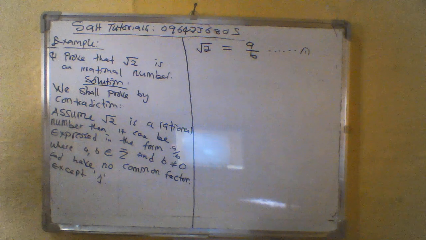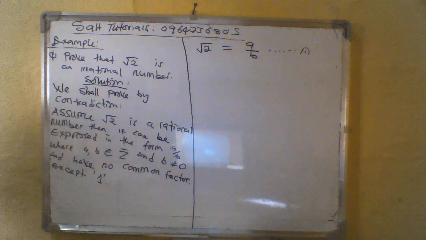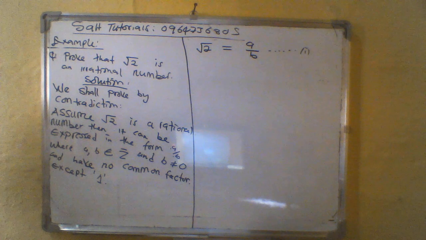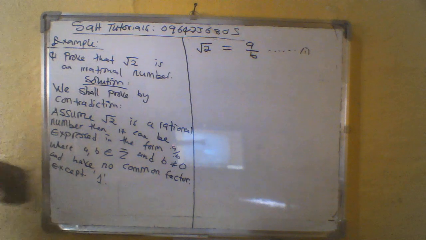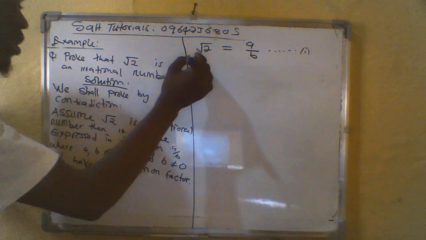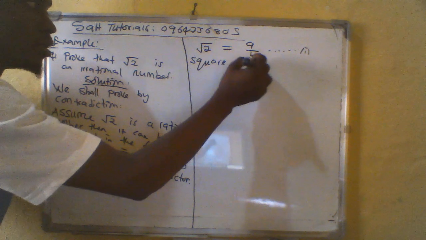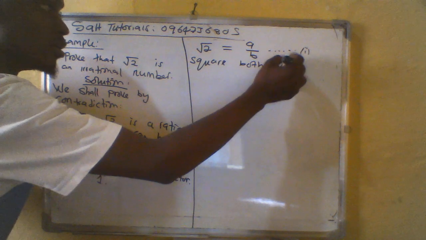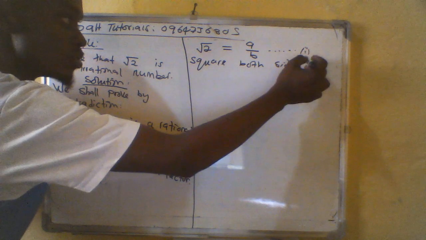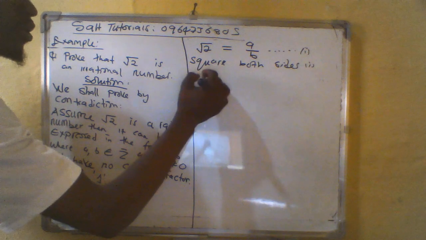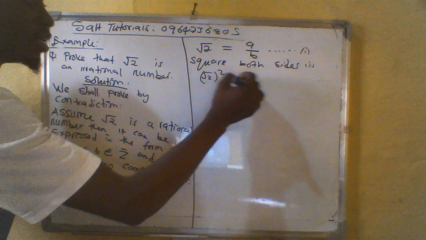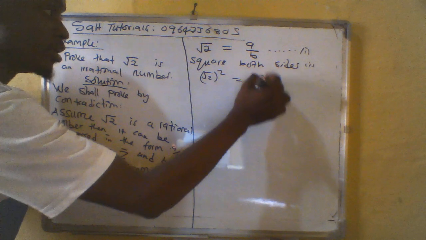According to radical expressions, we can now try to delete the radical. So how do we delete the radical? By raising to an appropriate power. So to delete a radical, we tell them, okay, we'll square both sides. Squaring both sides of equation 1, we are going to have root 2 squared equals a over b squared.